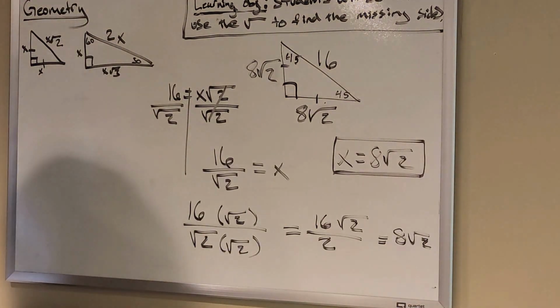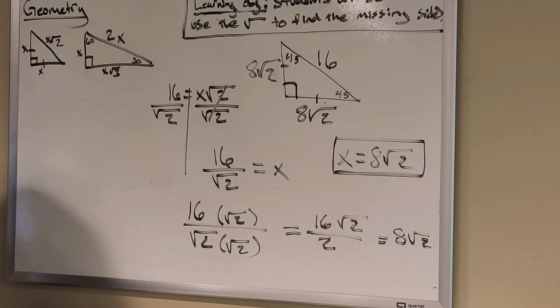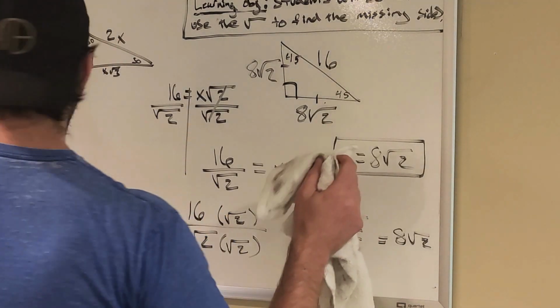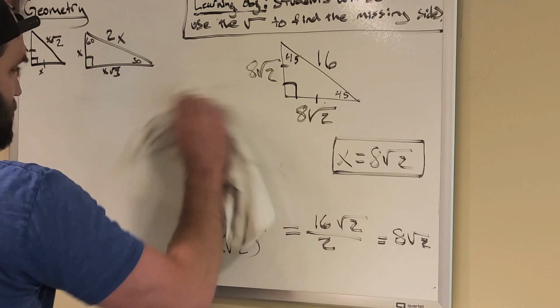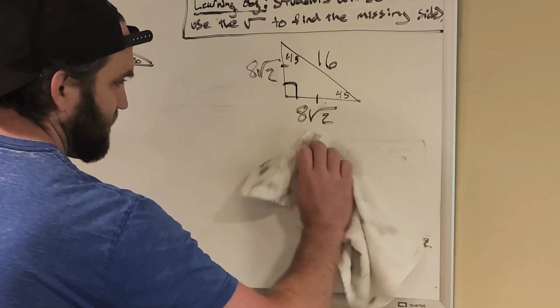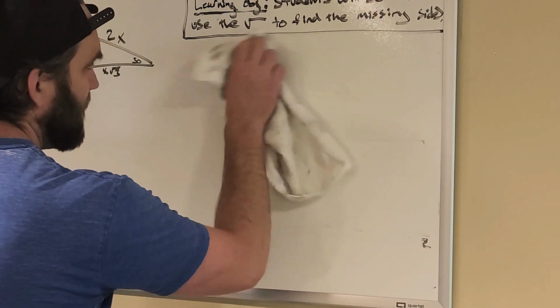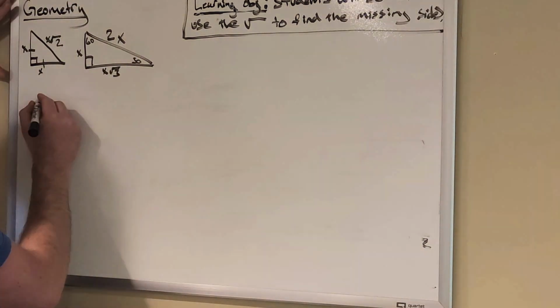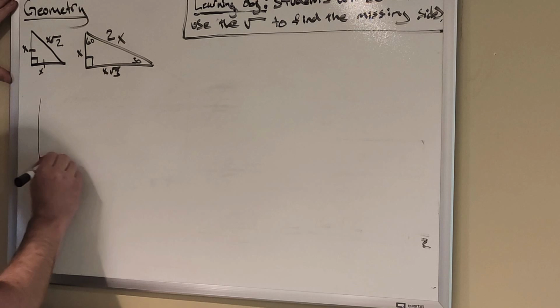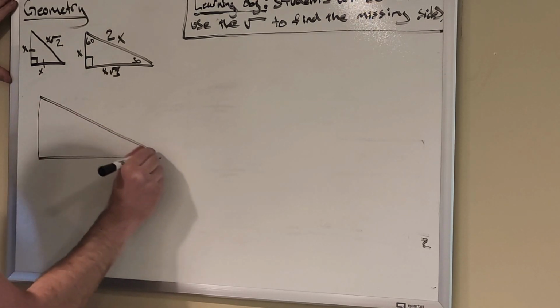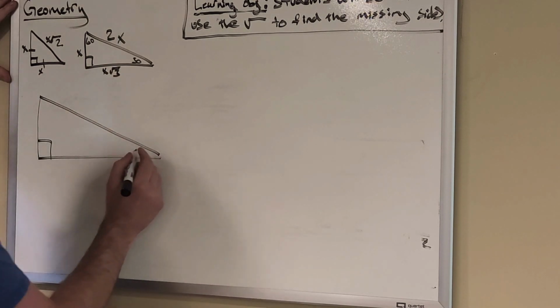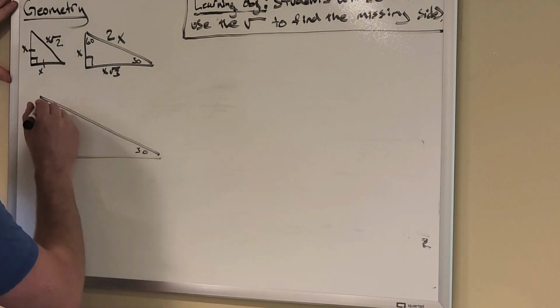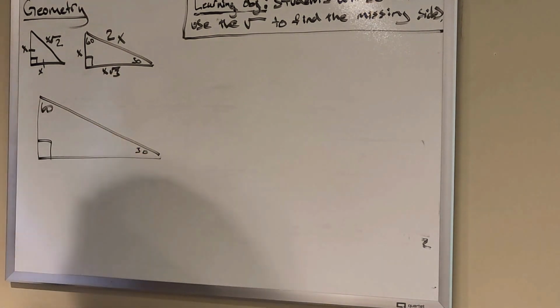Let's take a look at another one. Let's look at a 30, 60, 90 now. Hopefully my marker doesn't run out of ink. So here's my 30, 60, 90.